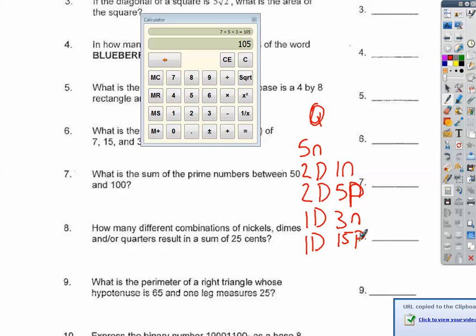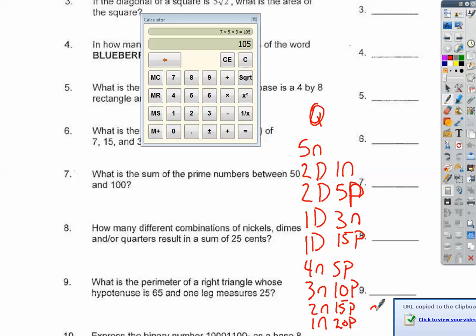And then we could have the nickels, right? So we could do 4 nickels, 5 pennies. 3 nickels, 10 pennies. 2 nickels, 15 pennies. 1 nickel, 20 pennies.